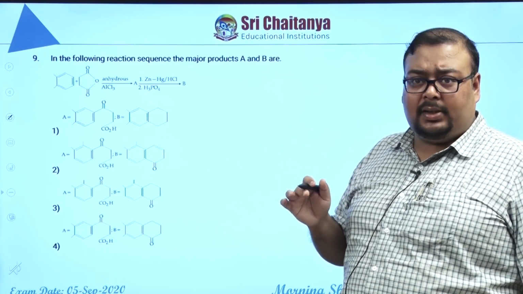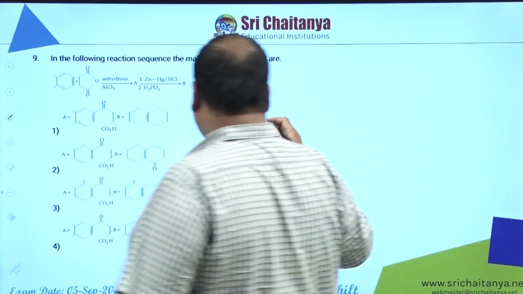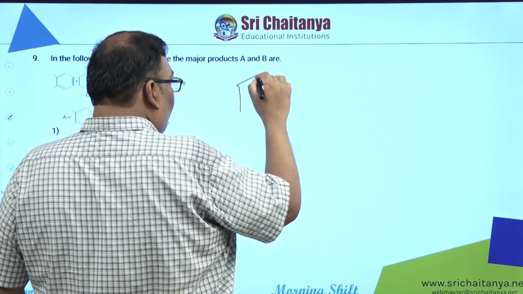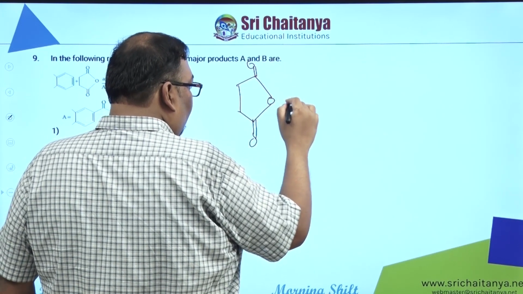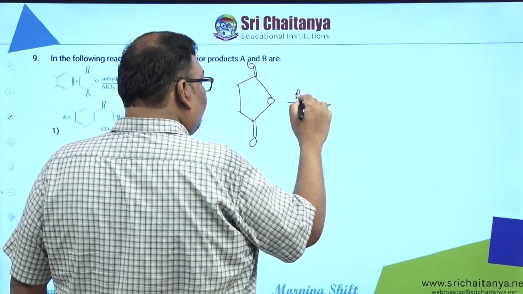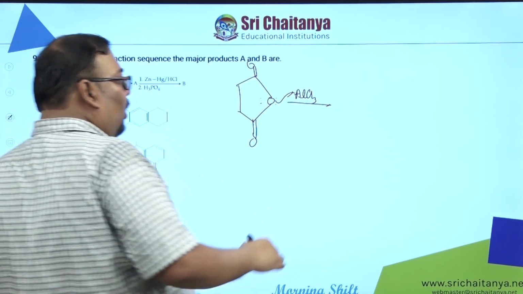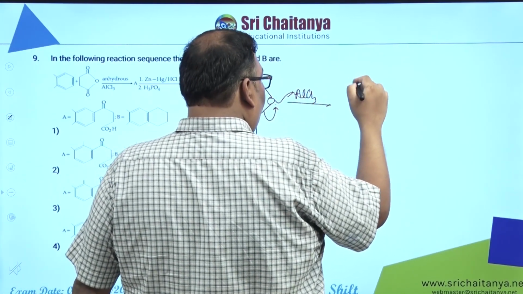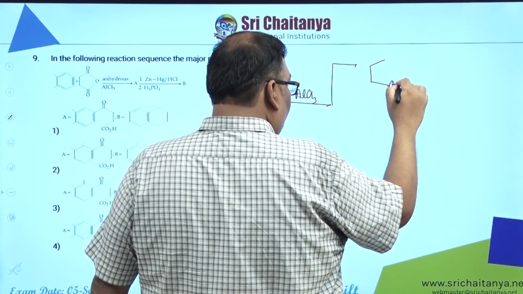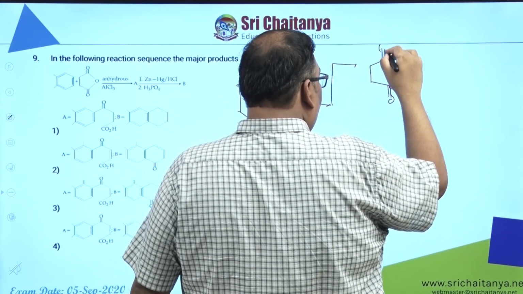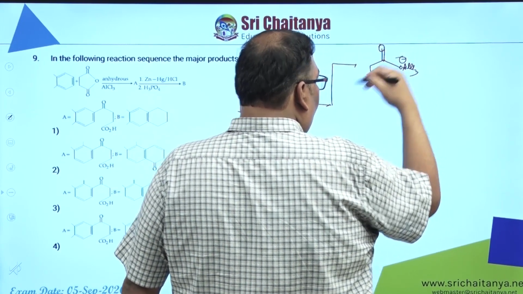Now this is a sequential reaction, so we have to do this question in steps. First, this molecule is going to react with AlCl3, which is a Lewis acid, and we are going to get OAlCl3 minus.